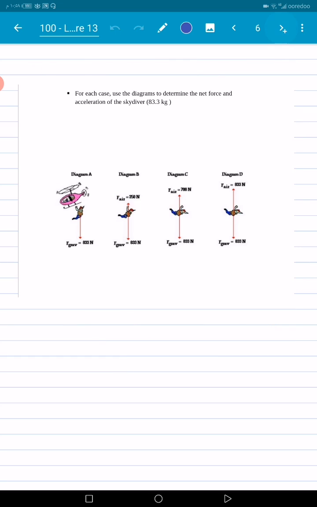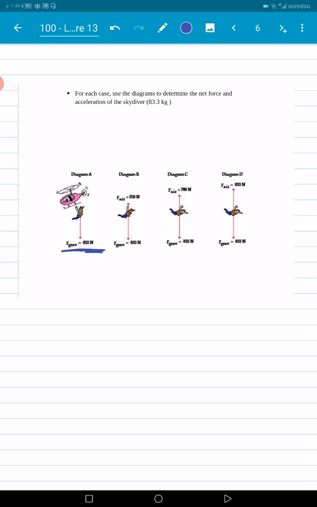So we can explain this in this figure. So here, if you check in number 1, what is the drag force?